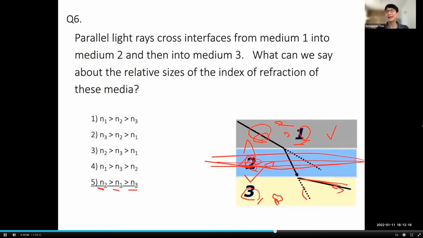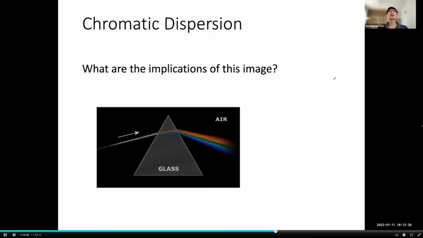All right, any other question? Otherwise, let me move on to the next topic. Now we are going to learn about chromatic dispersion.